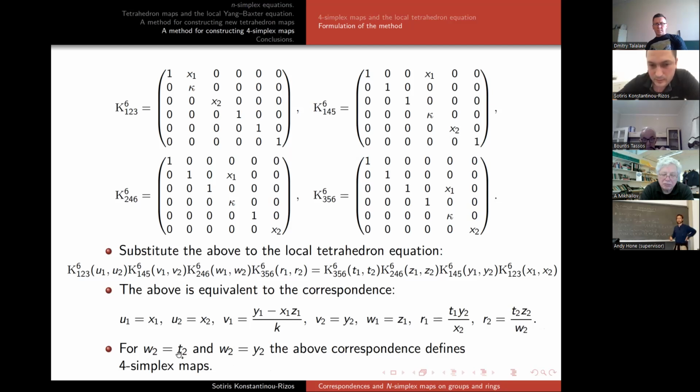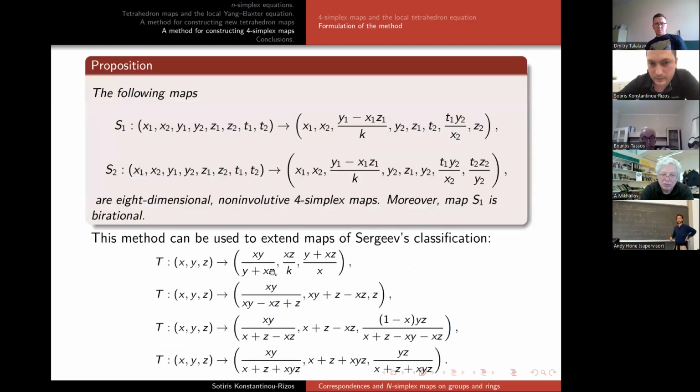So if I choose W2 or T2 to be Y2, the above correspondence defines a 4-simplex map. These 2 are 4-simplex maps. You can substitute and check that these are 4-simplex maps, and they are birational also. Oh, actually, the first one also is birational.